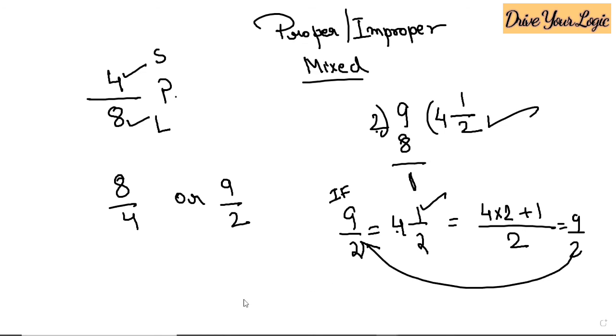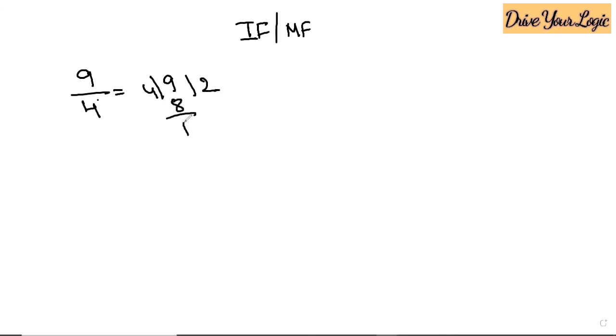Clear? I will show you a few more examples of improper fraction and mixed fraction conversions. Okay. So improper fraction, what will you do? Suppose I am writing 9 by 4. So what will you do? How to divide it? 4 into 2 is 8, remainder 1.